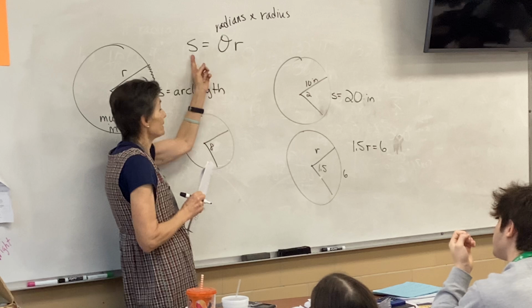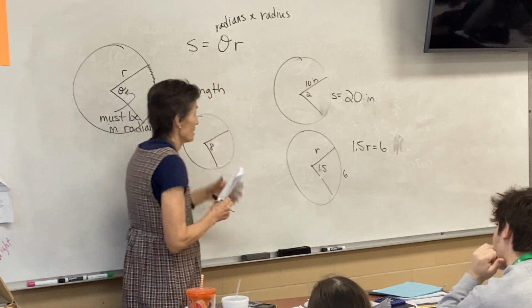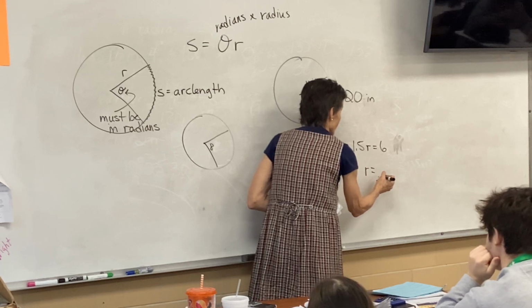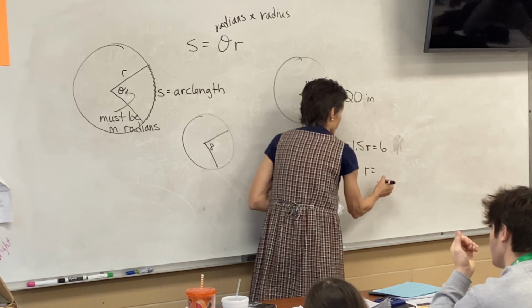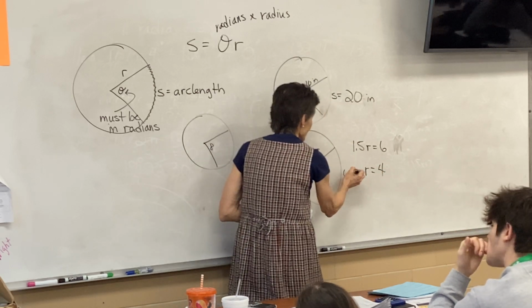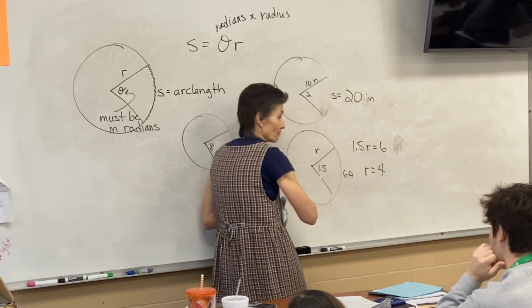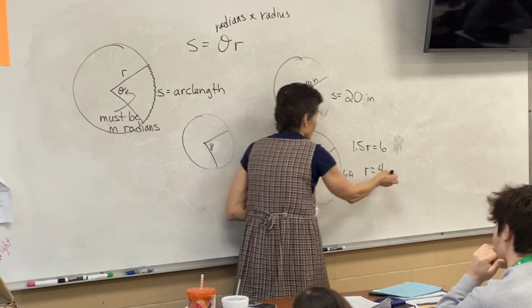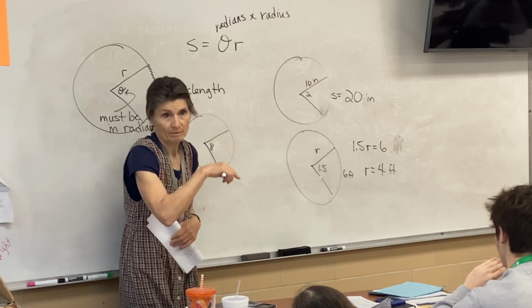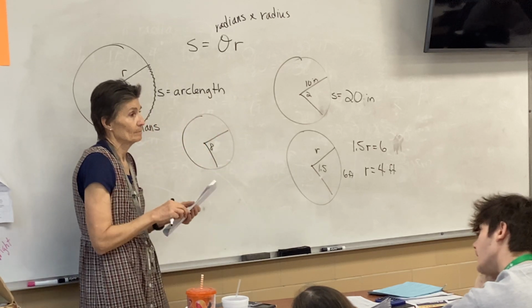So what's my r? 4. And again, if this had been 6 feet, then r would be 4 feet. They're the same unit, the radius and the arc length.